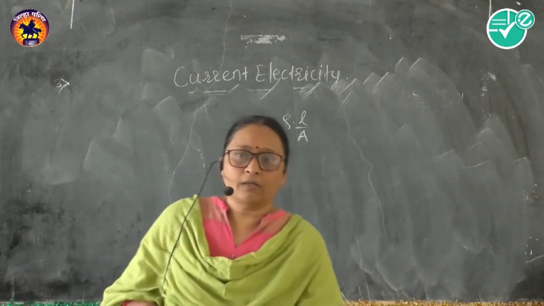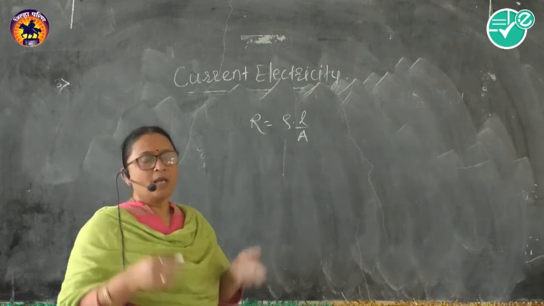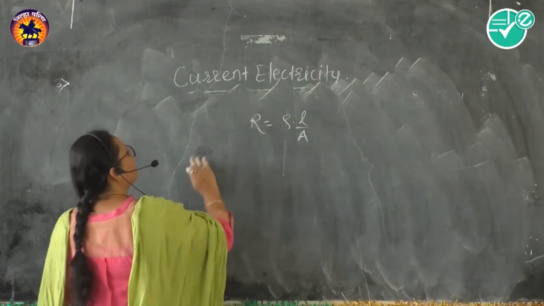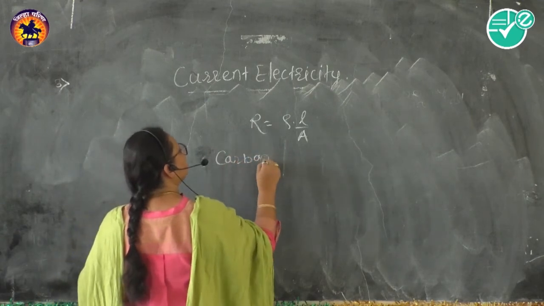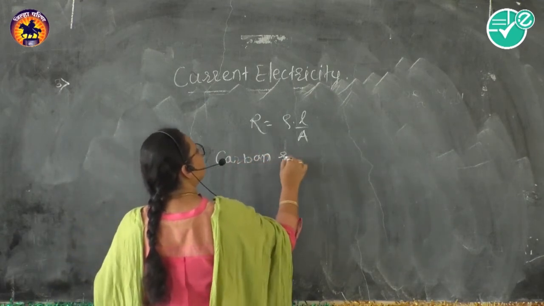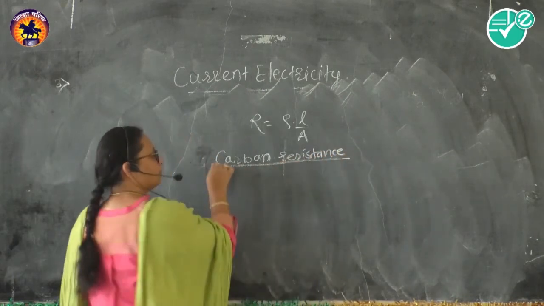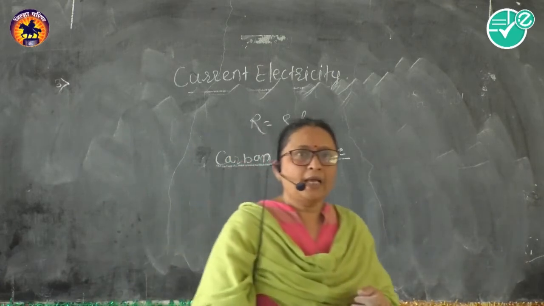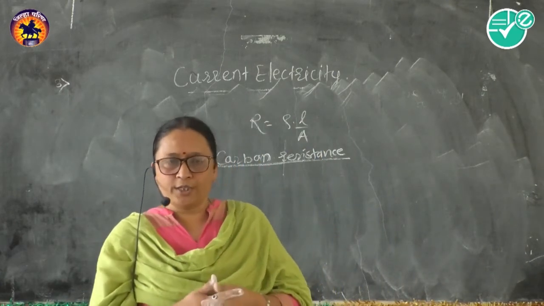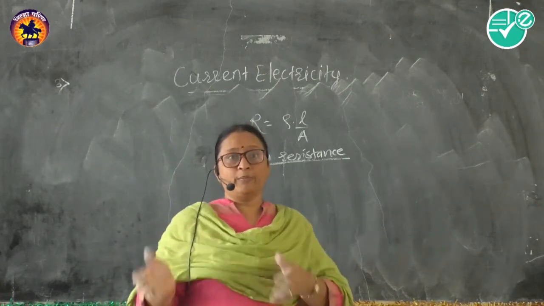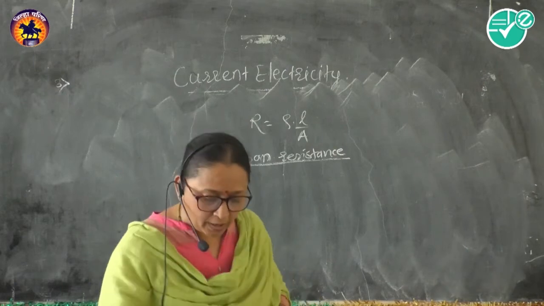But this complicated method can be made quite simple by using a special type of resistance that is known as carbon resistance. By using carbon resistance, we can easily measure the value of resistance without measuring its length, dimension, or without knowing its specific resistance.